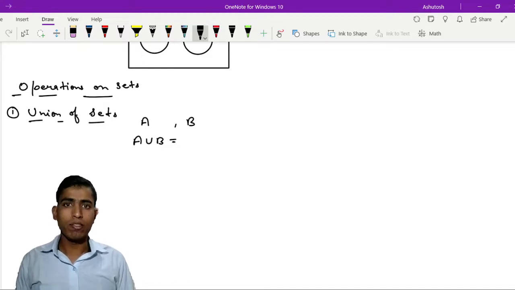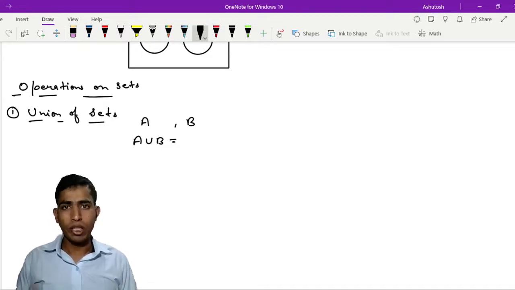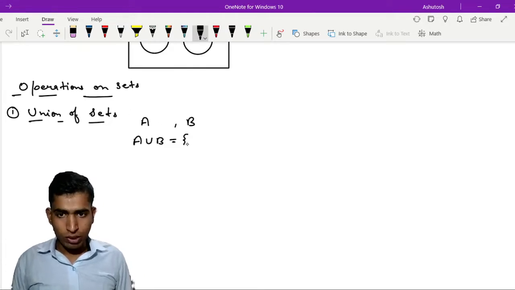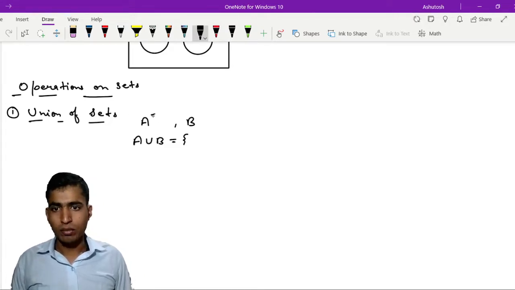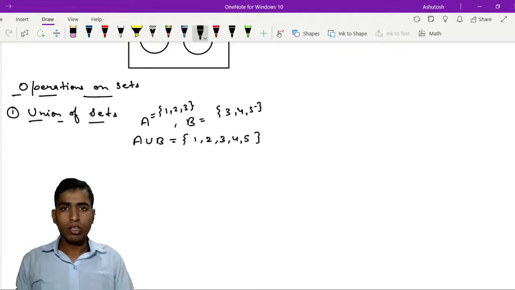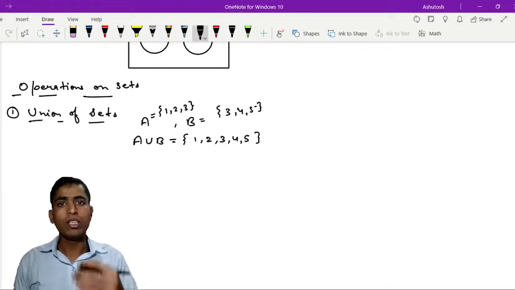Okay, it will not leave out any element of A or B. So if I am saying that A equals {1, 2, 3} and B equals {3, 4, 5}, then A ∪ B will be {1, 2, 3, 4, 5}. Okay, so it consists of all the elements of A and B.